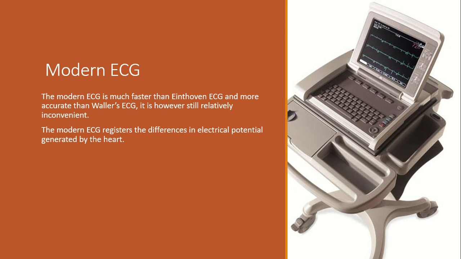The modern ECG is much faster than Einthoven's ECG and more accurate than Waller's ECG. It is, however, still relatively convenient, and the modern ECG registers differences in electrical potential generated by the heart.